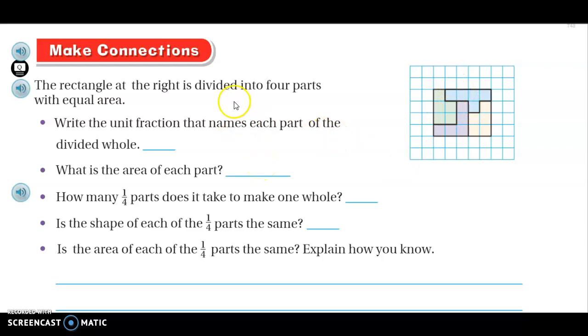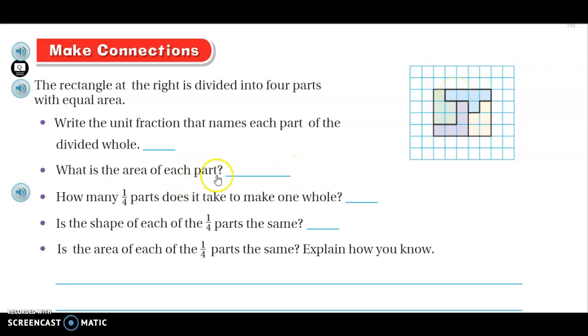The rectangle at the right is divided into 4 parts with equal area. So there's 4 parts and they all have equal area. Now you might look at that and say, well, they're not the same, Mr. Klaus. They are not the same shape, but they do all have equal area. And if you're able to remember what area is, you can look through there and figure it out pretty quickly. So what is the area of each shape?